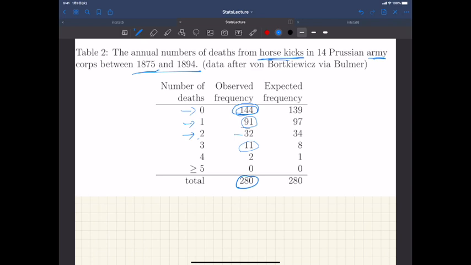Of course, the number of soldiers kicked by a horse to death is not so common. So it's a rare event, and it can be well modeled by the Poisson distribution.